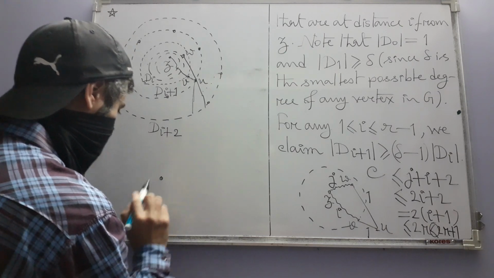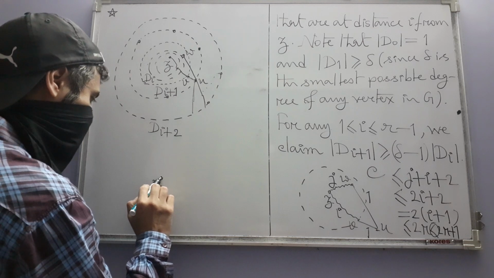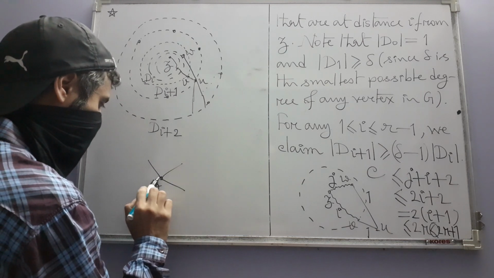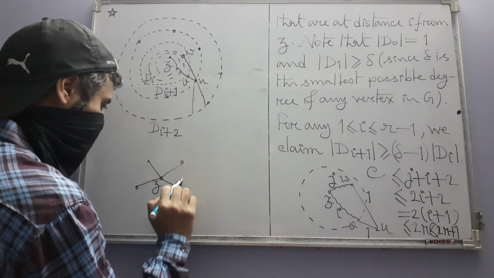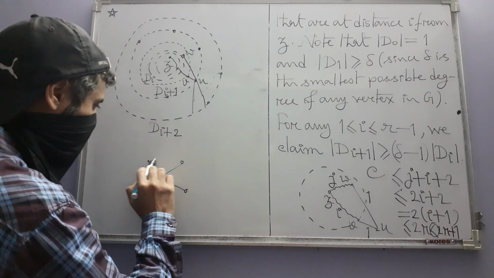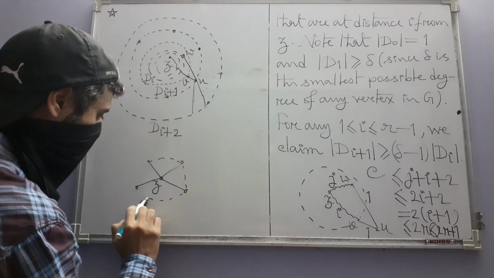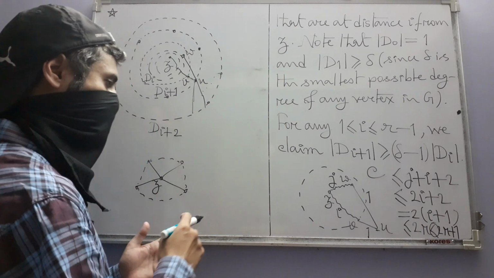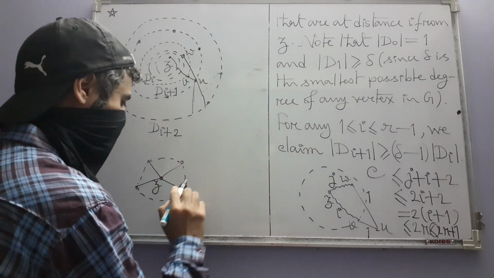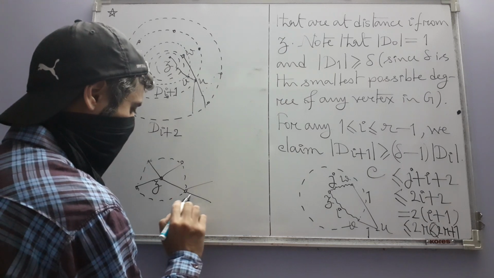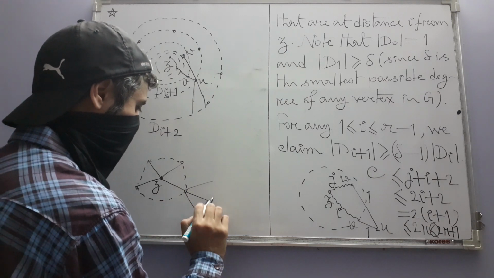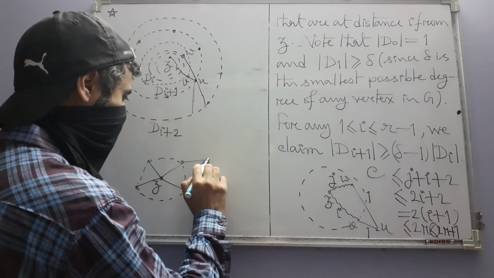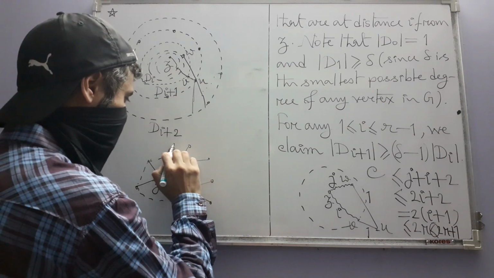You start at Z, then you go to D1. Okay, so these are vertices in D1. Alright, but then you go further away from Z, then you will have some other edges emanating from this D1 level vertices.